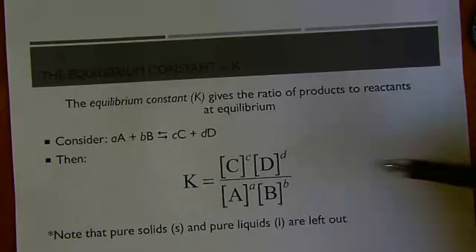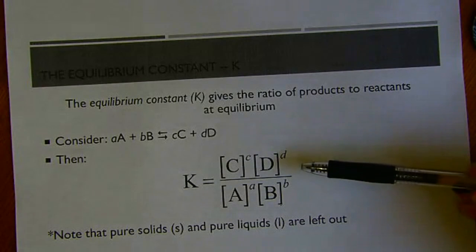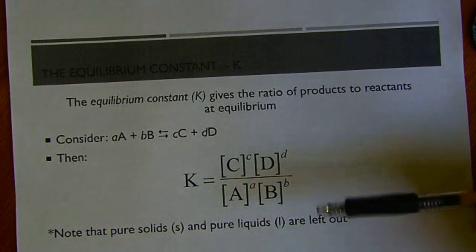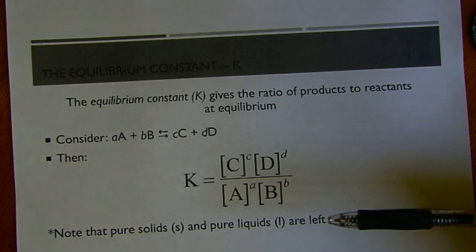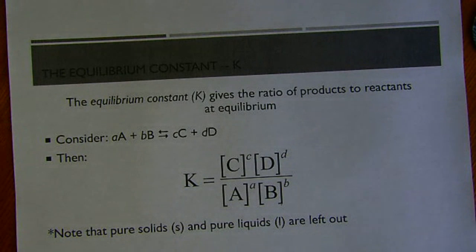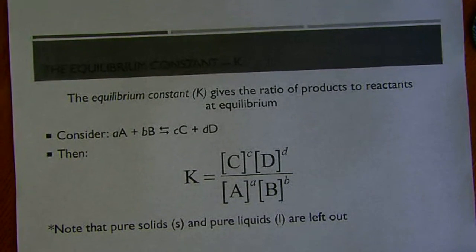Your equilibrium constant is always going to be products over reactants, which means that you can use that to establish the reactant favoredness or the product favoredness of a reaction.